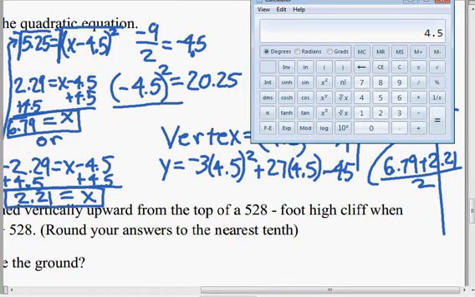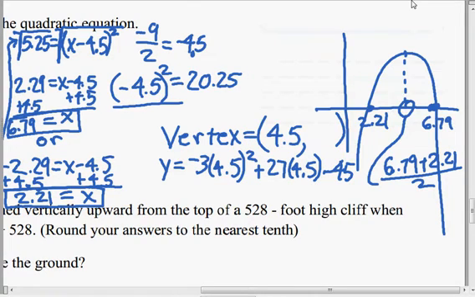I do that on my calculator. -3 times 4.5 squared plus 27 times 4.5 minus 45.